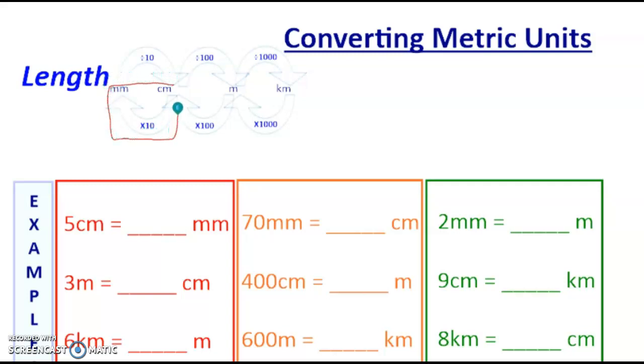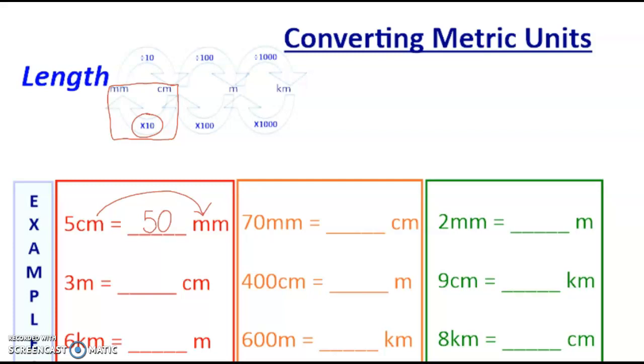And it says to go from centimetres to millimetres, I times by 10. So 5 centimetres into millimetres, 5 times 10. If you can't remember the answer off the top of your head, use your place value chart to move everything one place to the left. And that gives me 50 millimetres. So 5 centimetres is the same as 50 millimetres.